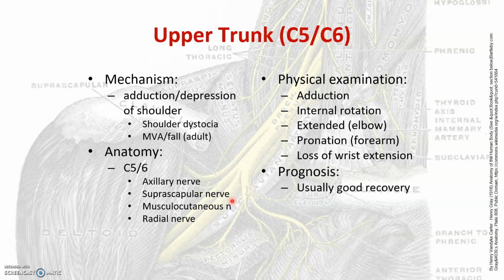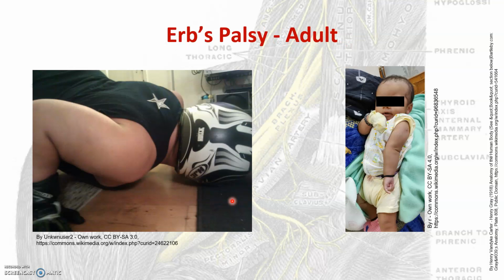These are usually due to neuropraxia, and patients have a good recovery. The picture on the left shows the mechanism of injury in a motorcyclist falling off his bike, whereas on the right it shows a typical position in a baby who suffered shoulder dystocia.